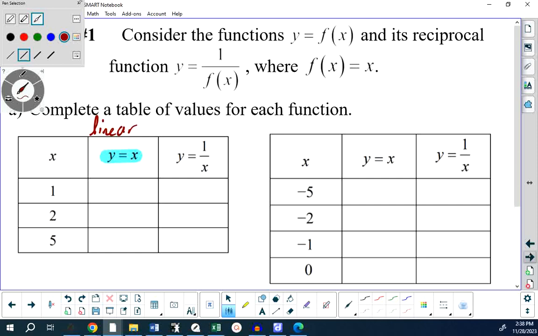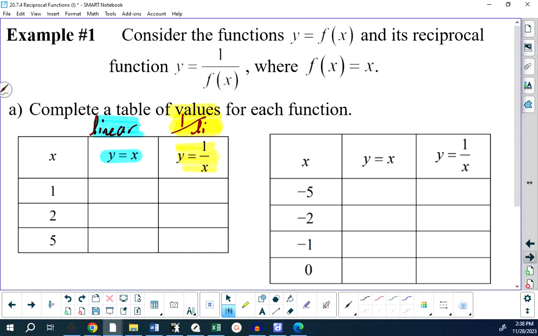This thing that I'm highlighting in yellow is the reciprocal of the linear function. And I really hate writing fractions this way, but I want to make it fit. So we're trying to find a relationship between the linear function and the reciprocal.